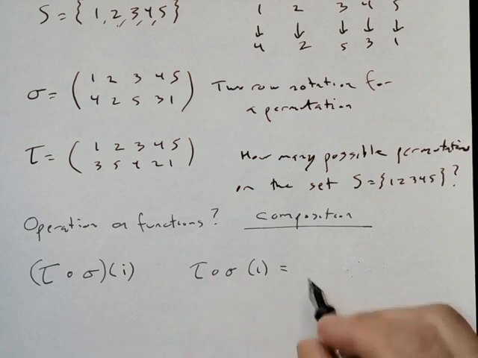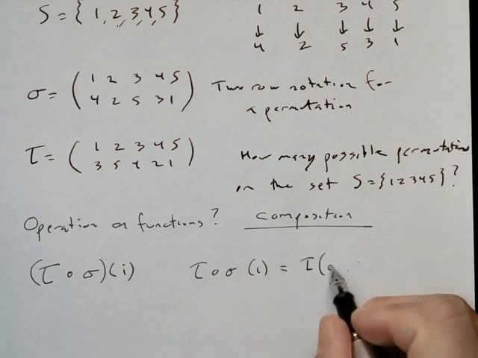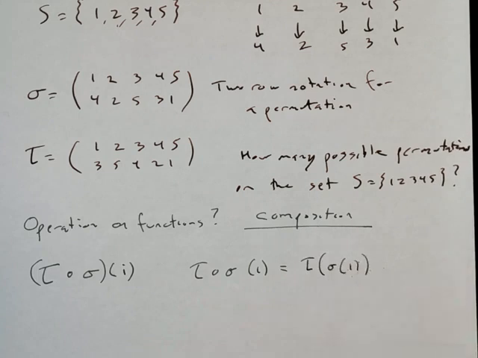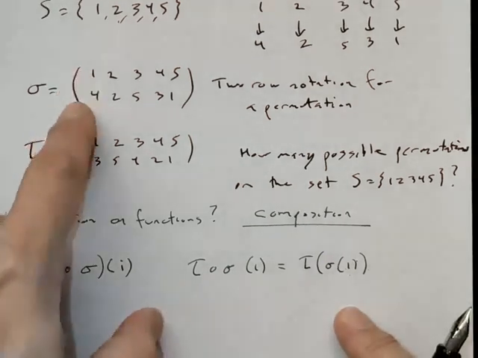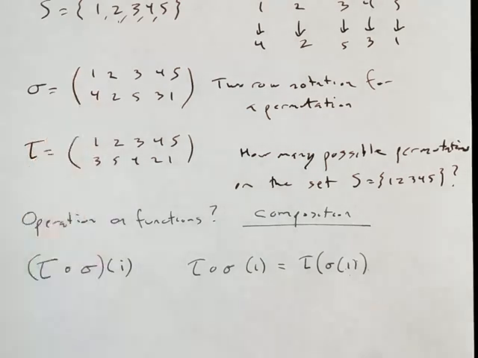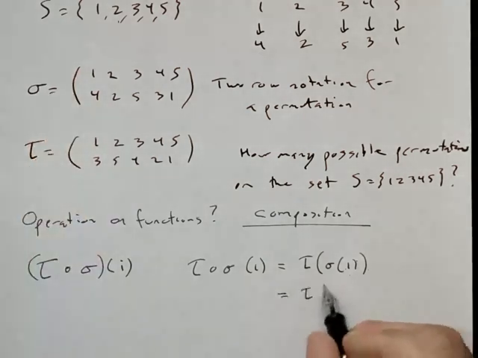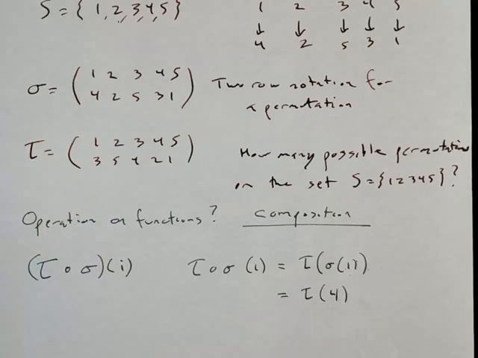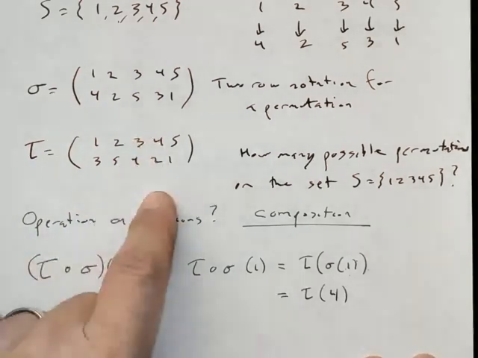We see that little circle, we do tau of sigma of 1. I have to do sigma first. Inside to outside, not outside to inside, right? Yeah. So I do sigma of 1. 1 goes to 4. And then I do tau of 4. 4 goes to 2.